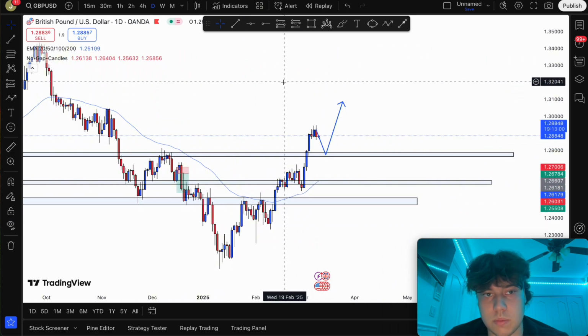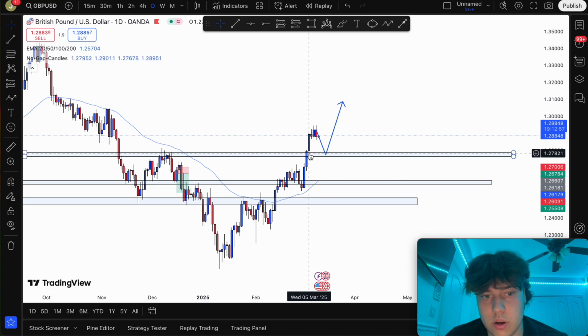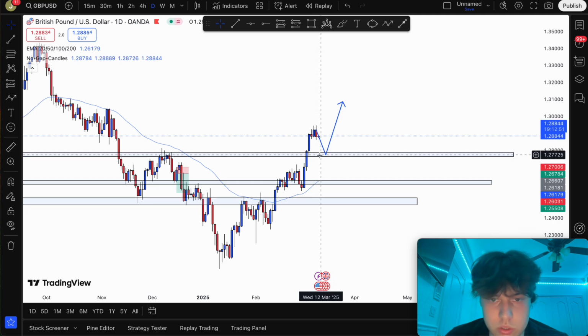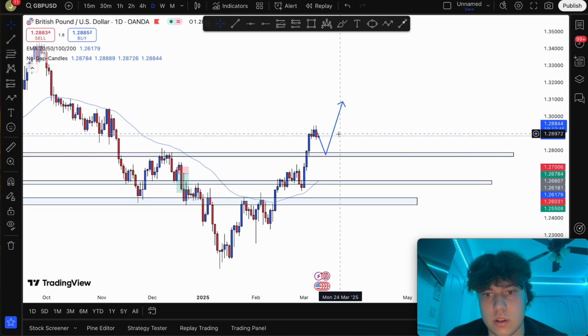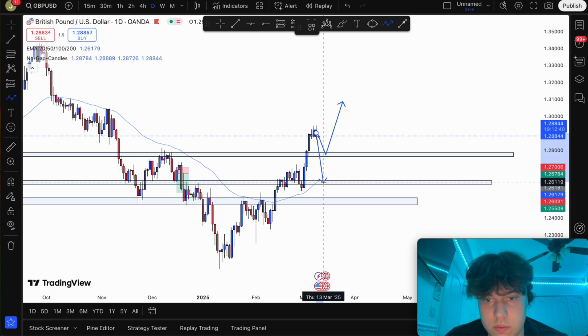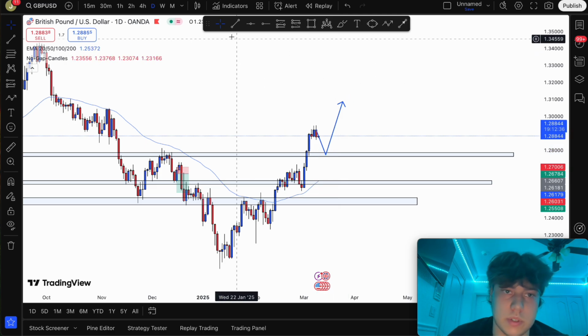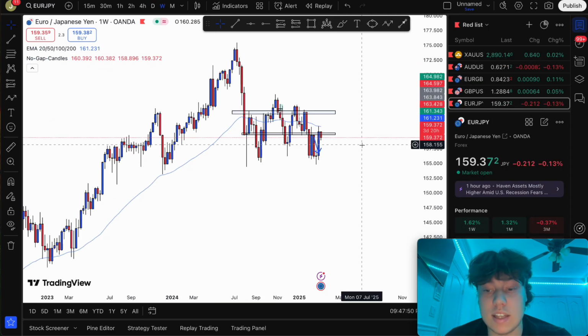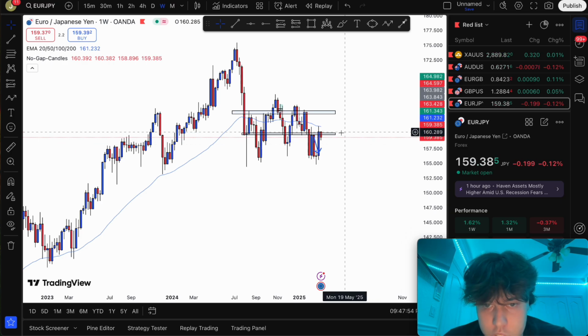What I'm expecting price to do is come down into our area of interest, retest the structure over here, close in my area of interest, and then look for a shift of structure and then entry confirmation. We could also see price come all the way down to even this level right here to then have a push to the upside.